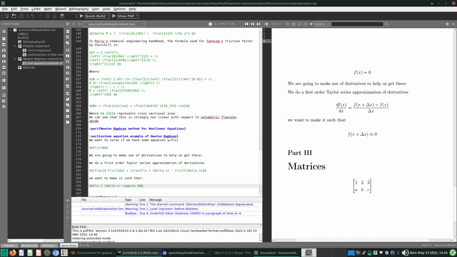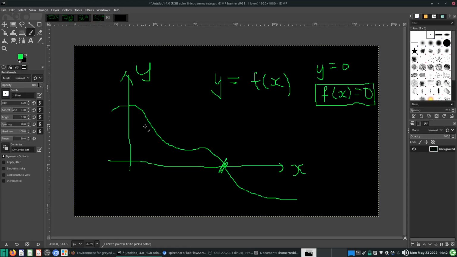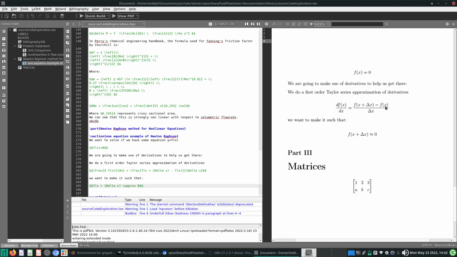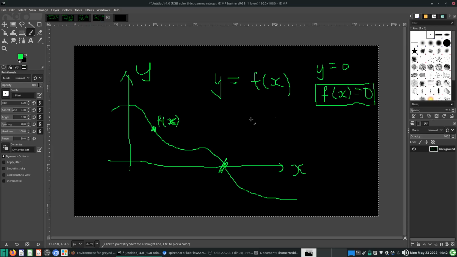So x is like a starting point. Let's say you start out here. This will be your f of x. You can compute f of x as long as you know what f of x is. You have this f of x, and then you also have to compute this df(x)/dx.